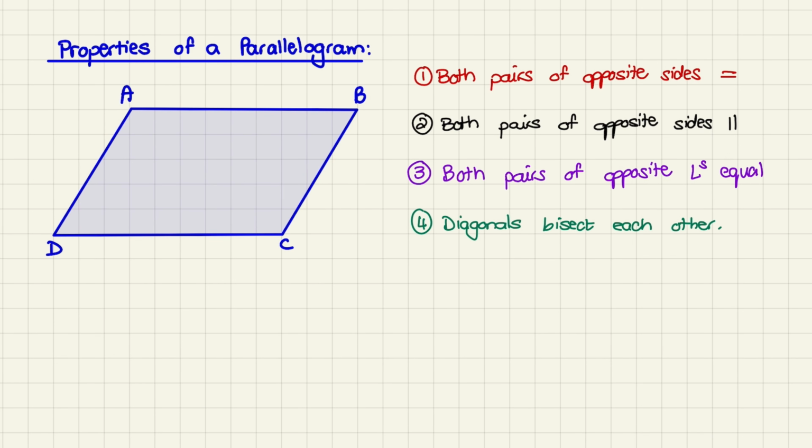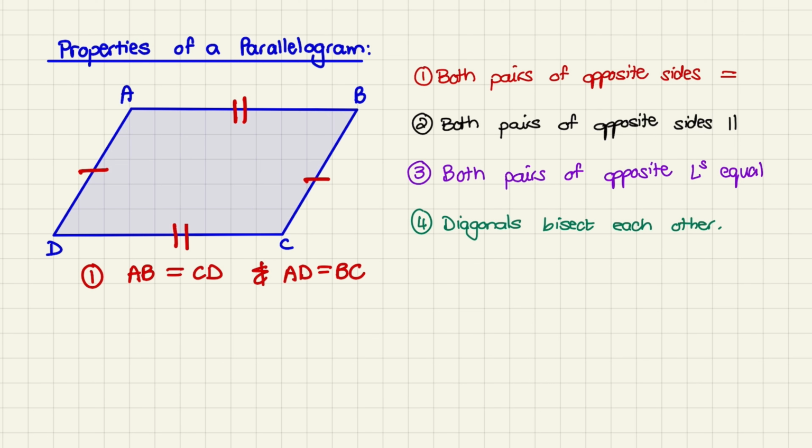What we are rather saying is that the opposite sides are equal in length, and we indicate which sides are equal with 2 lines, so that shows that AB is equal to DC, and the 1 line indicates that BC is equal to AD. So mathematically we can write it as AB is equal to CD and AD is equal to BC.